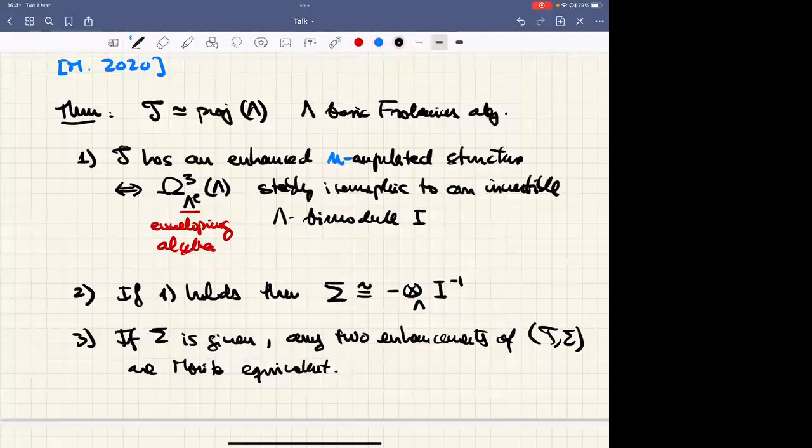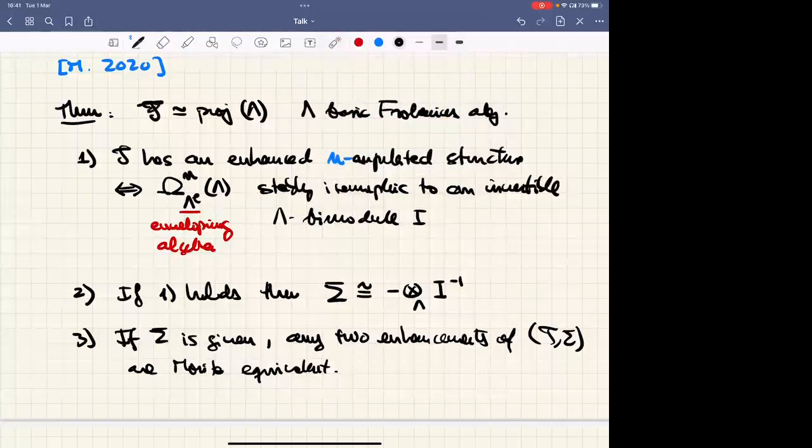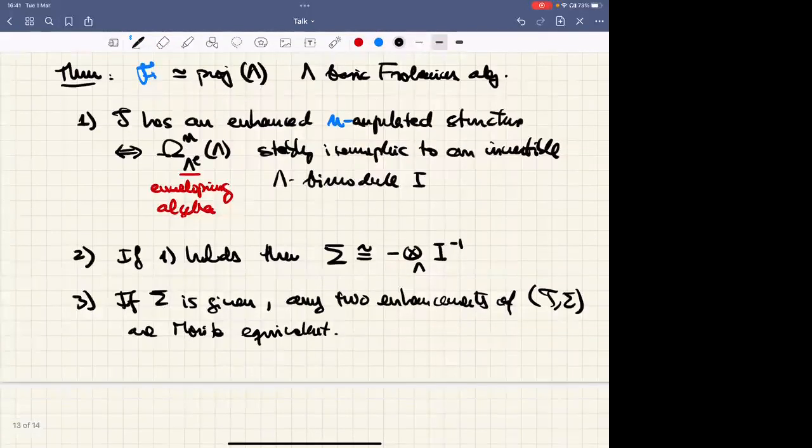It has an enhanced n-angulated structure if and only if the MCCD is stably isomorphic to an invertible lambda bimodule. We should call this F maybe, because we are distinguishing between the triangulated category and the Frobenius and cluster tilting category. Then the suspension functor, if there is any, should be the inverse of the previous one.